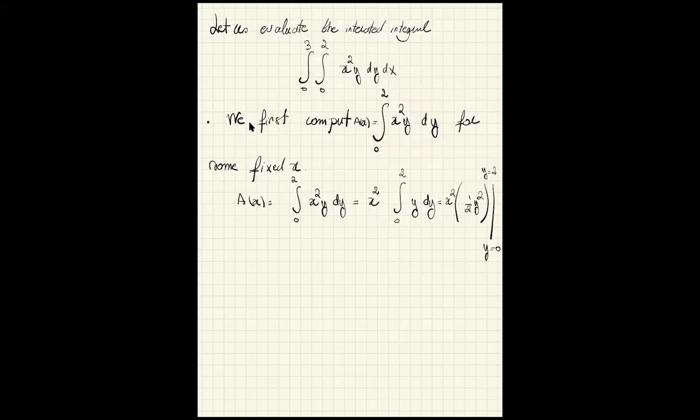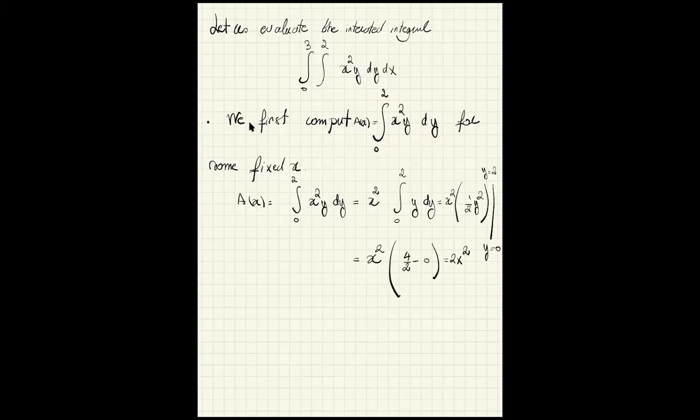For example, what is this? This is equal to x squared times, just as you do in the one-dimensional case, 2 squared, which is 4 over 2, minus 0, which will be 2x squared, right? No, sorry. This is 1, because I don't want to make any errors. So just let me stick to my notes.